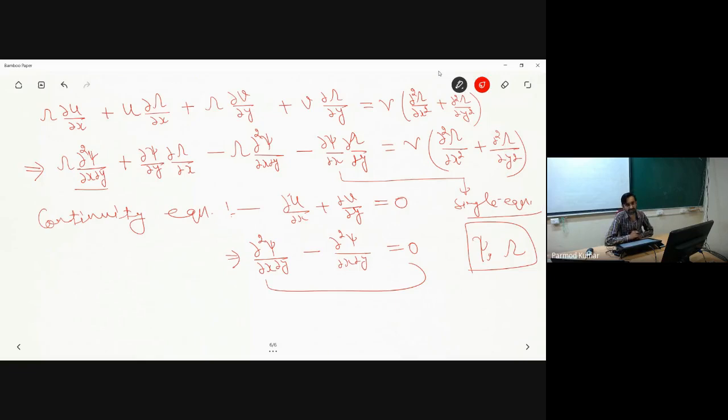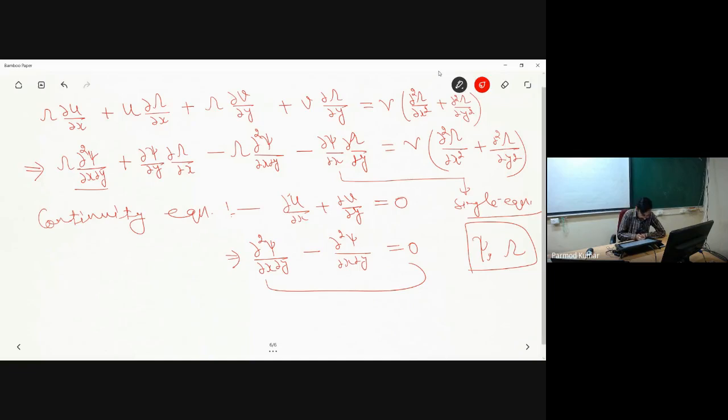But what is the biggest limitation of this method? The fundamental basis of this method is applicable on stream function, and stream function is only valid for 2-dimensional flow situations. Is this point clear?